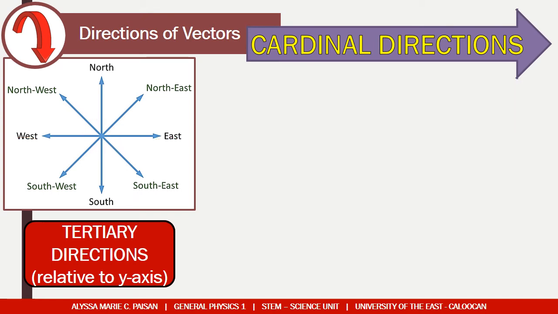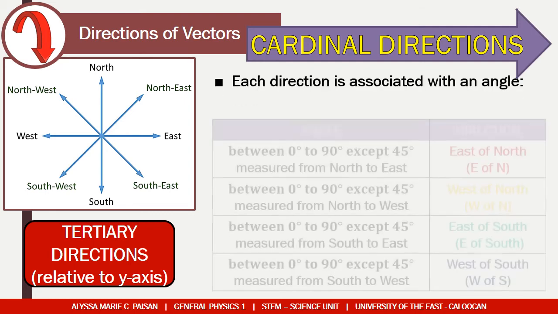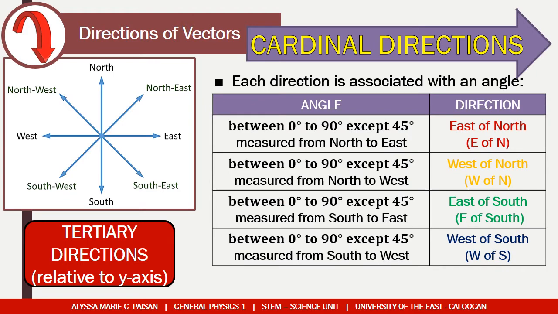Okay. This time, let's have the one that is relative to y-axis. Again, they have the same associations with the angles. It's except 0, 90, and 45. But this time, as you will notice, the directions interchange.